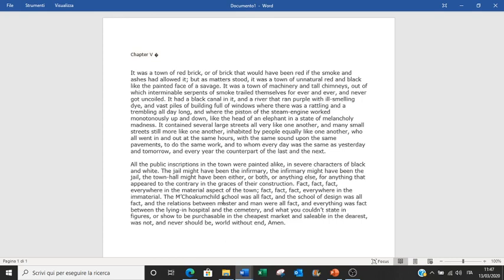Ogni cosa era un fatto tra The Lying-in Hospital, la clinica, sorry, it's completely different. La clinica per partorienti, as it is translated in your book, dalla clinica per partorienti fino al cimitero. So, the starting of the human life till the end of the human life.